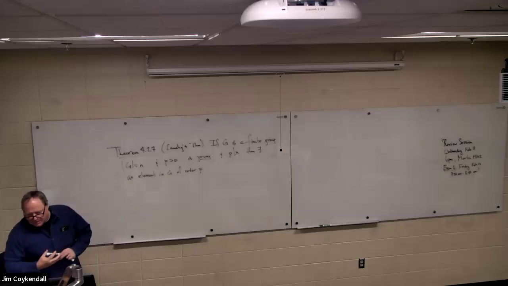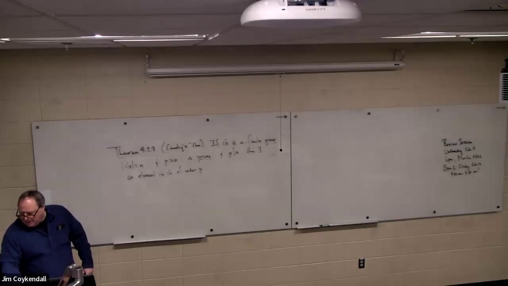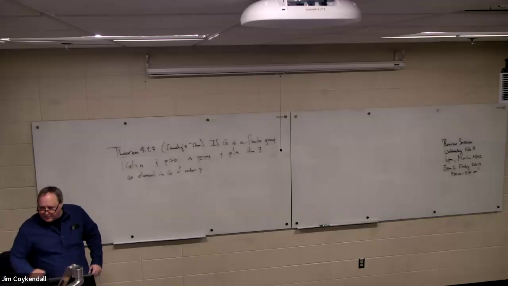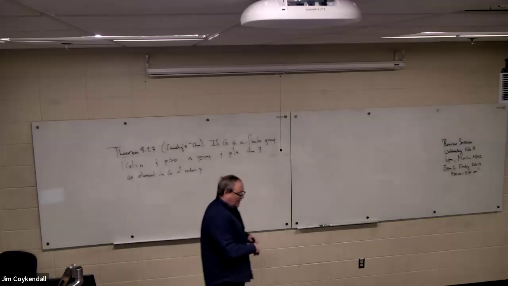This is kind of a nifty little theorem. It doesn't solve everything for us, but in the case that you have a prime that divides the order of the group, then you know for sure that there's an element of prime order.